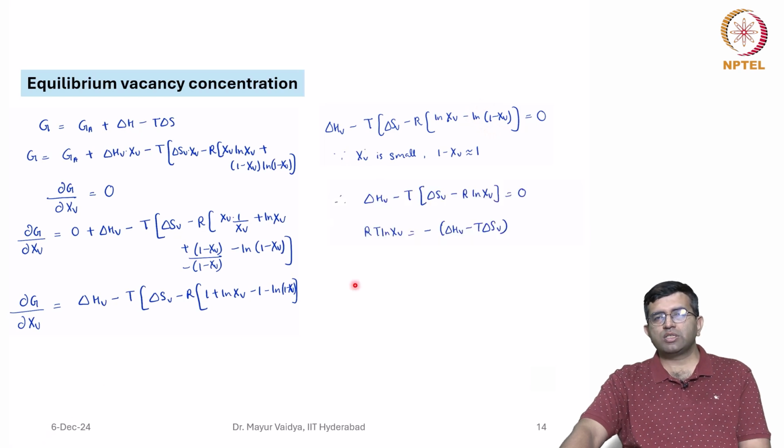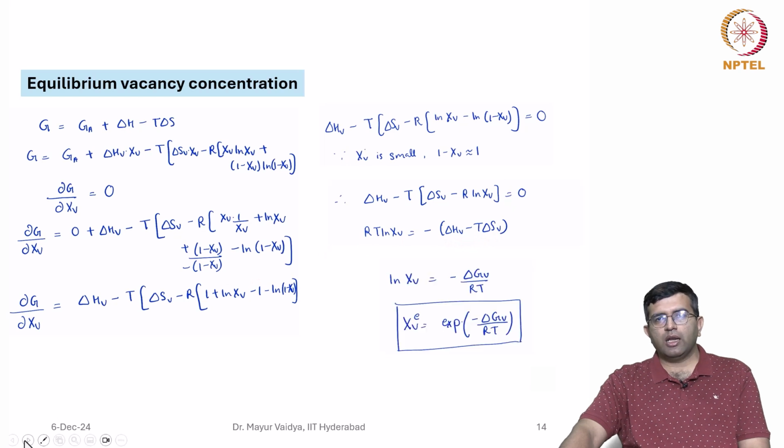Therefore, R T ln x v can be written as minus delta H v minus T delta S v, and we know that delta H minus T delta S is nothing but delta G v. So, the equilibrium x v, if you take the exponential, can be written as exponential of minus delta G v by R T.